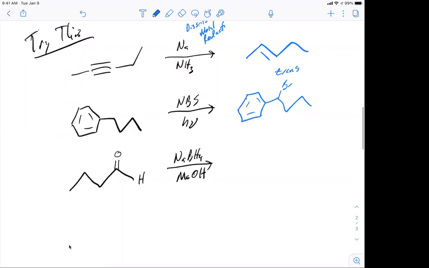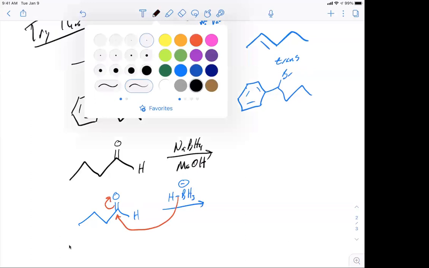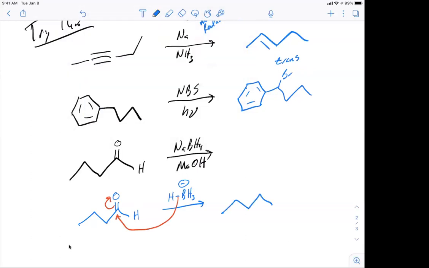And the last one, let's go ahead and work through the mechanisms since we haven't seen many mechanisms this morning. Remember, this is a hydride donor. So the nucleophile attacks the electrophilic carbonyl, the pi bond breaks. That's our leaving group. Have the O minus, H, and now we have the H added.